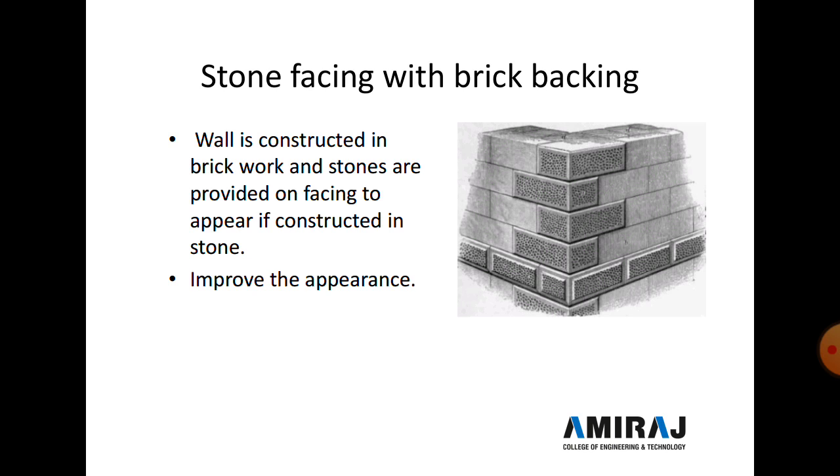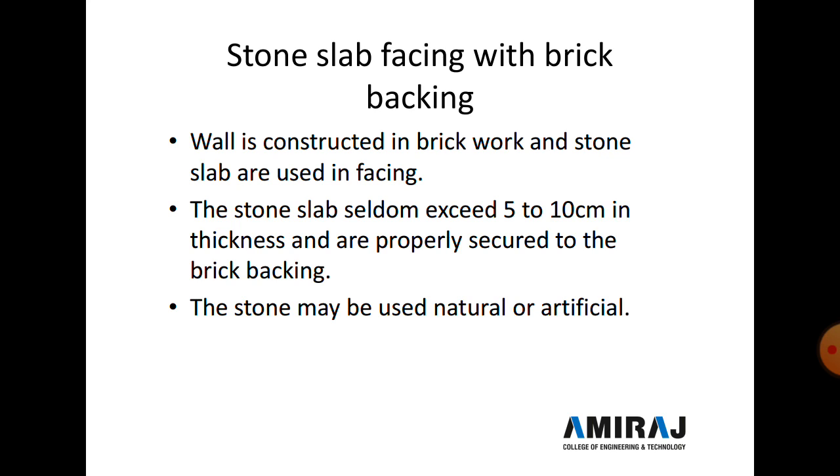By joining the two walls, a cavity is provided between them, meaning one gap is provided between the two walls, or sometimes no gap is provided between the two walls. So it's called stone facing with brick backing. Now the second type of composite masonry is stone slab facing with brick backing.